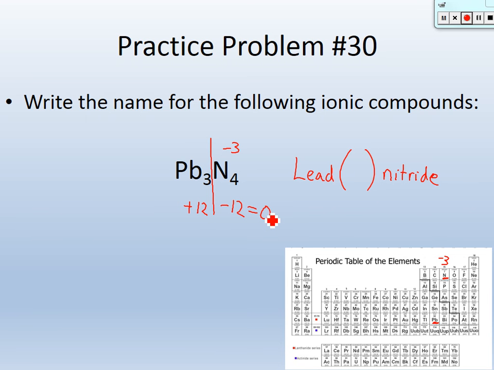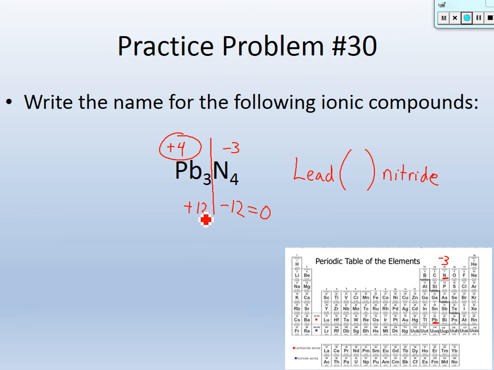But the tricky part about this problem is now we have more than just one lead atom here. I name it based off of the charge of one of them. So what times 3 is equal to plus 12? Let me say that again. What charge goes here times 3 is equal to plus 12? And it has to be plus 4.